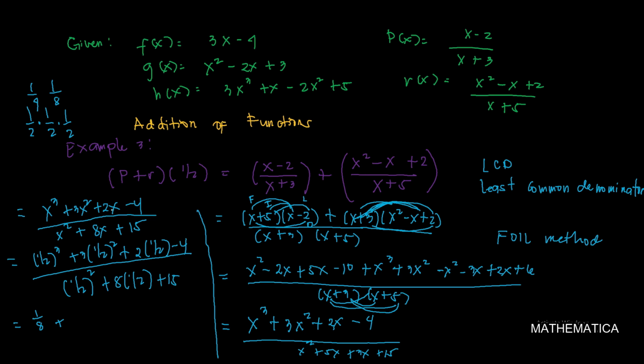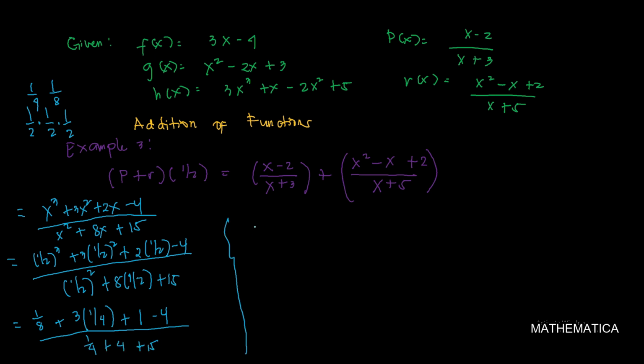So, 3 multiplied by 1/4 plus 2 multiplied by 1/2, 2 divided by 2, 1. So, magkakaroon tayo ng plus 1 minus 4. Over 1/2 squared, we have 1/4, plus 8 multiplied by 1/2, we have 8 divided by 2, 4, plus 15.